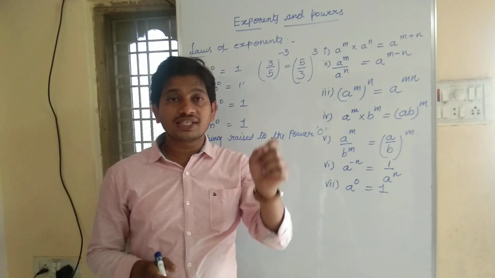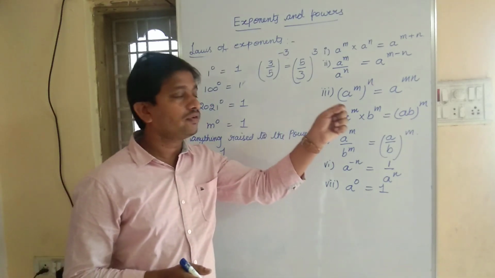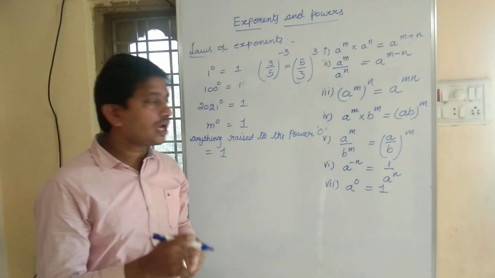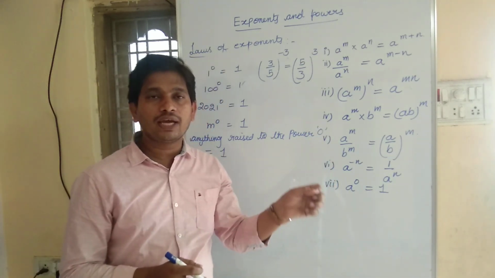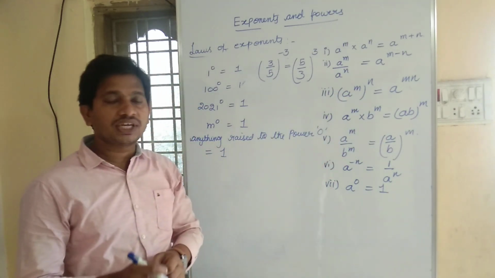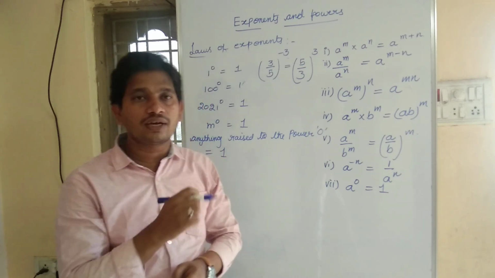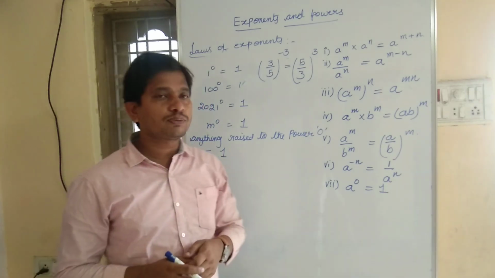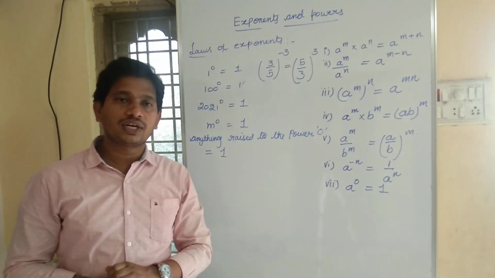The fourth law is a power m into b power m is equal to ab whole to the power m. The fifth law is a power m by b power m is equal to a by b whole to the power m. The sixth law is a power minus n is equal to 1 by a power n. And the seventh law is anything raised to the power 0 is equal to 1, children.